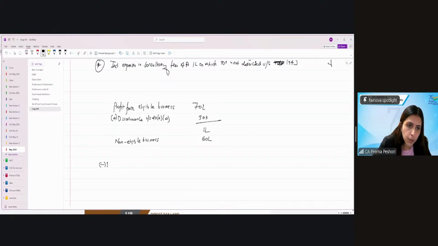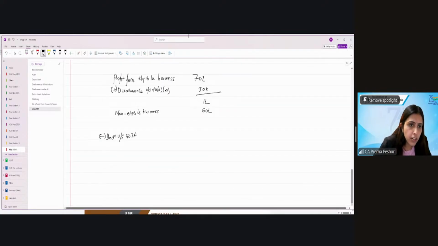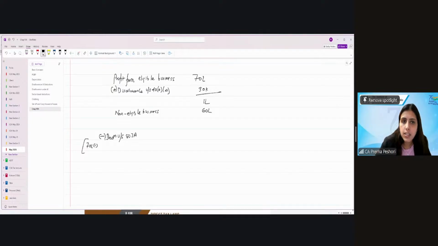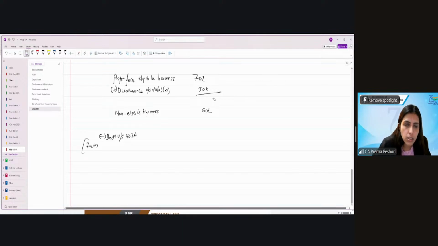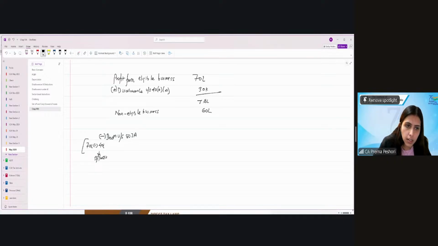Correct? Now for the purpose of deduction under ATIA, how will I calculate the deduction under ATIA? 70 lakh minus how much is it? Sorry, this is not 30,000, this is 30, not 30 lakh. This is 7.03 lakh. Okay. So 70 lakh minus 40 lakh was my brought forward loss, right?